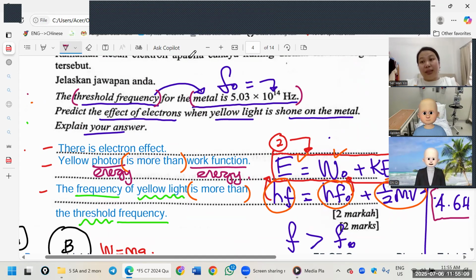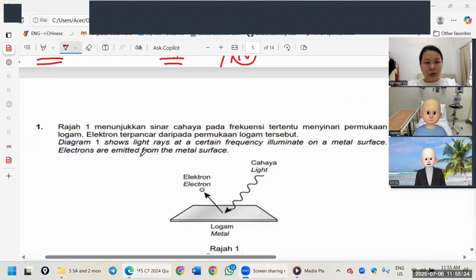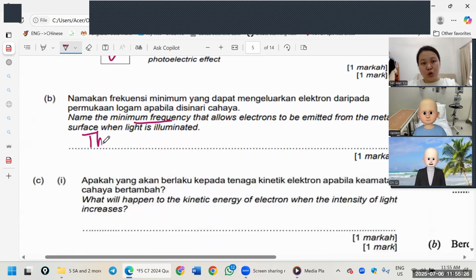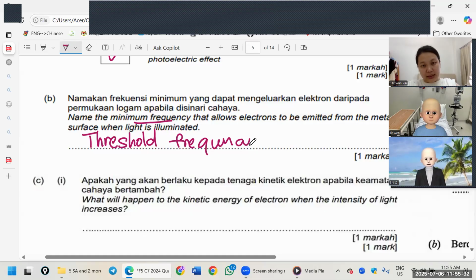When you learn something new, please pronounce it out to tell your brain, okay, threshold frequency.